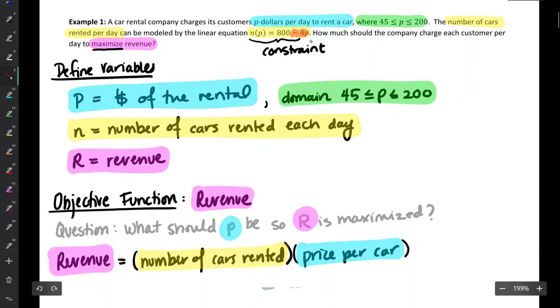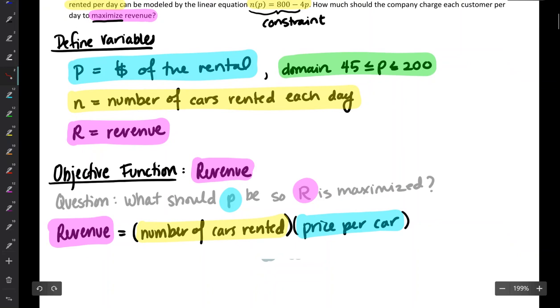And then the more that I charge, the less that I'm renting out. And there's a point at which I'm charging so much that I don't rent anything out at all. So our constraint equation was given to us.